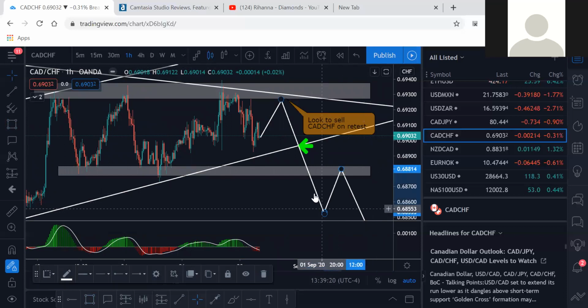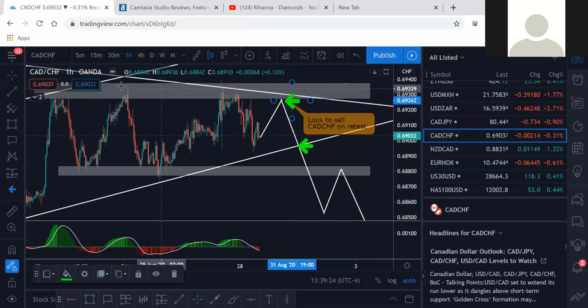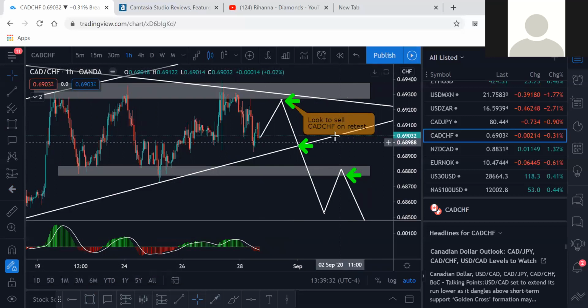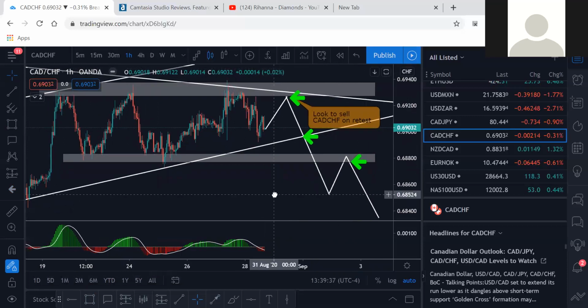So you're going to have a position here, and then another position here. These are your positions, right?